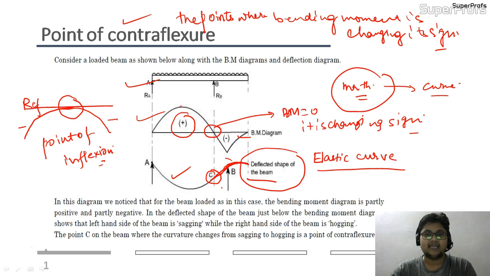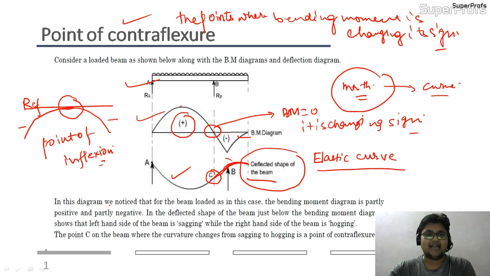So it is of very much significance that whenever the elastic curve changes from convexity to concavity or from concavity to convexity, that point is very vital in our design purpose, because that point will be more prone to damage.